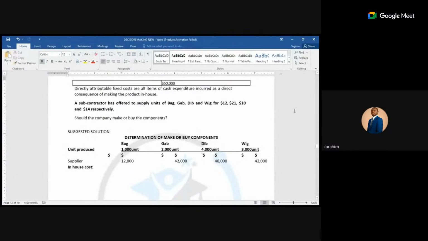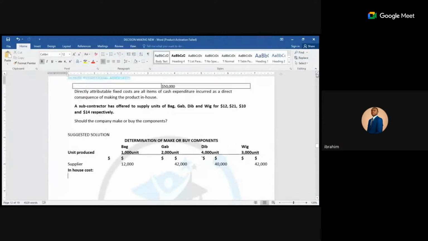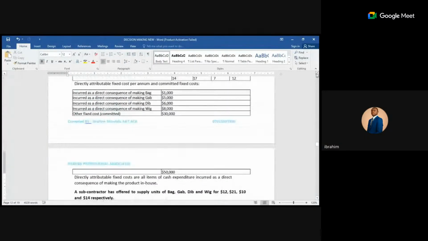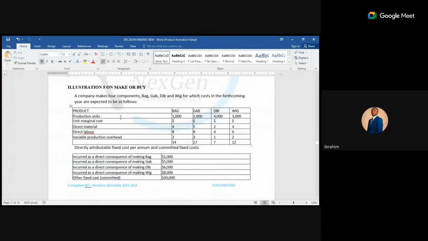So, what are the irrelevant costs? From what we have, the direct material, right? We have direct material. Just want to save time. So please, this class will just last for maybe 40 minutes thereabout, please.